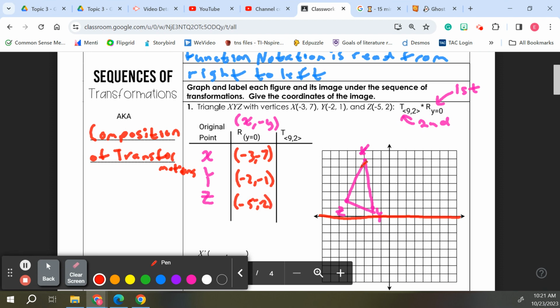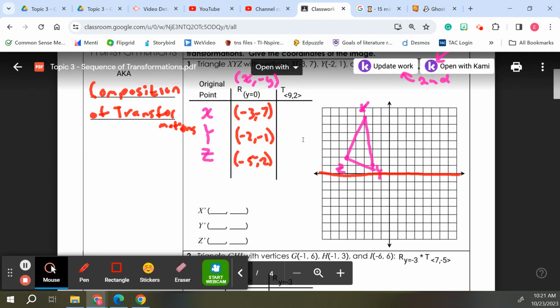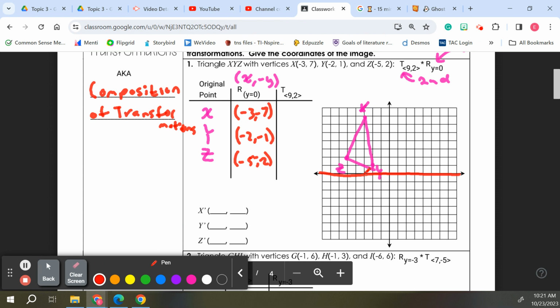And I'm going to plot these points, and this will take care of that first transformation. Now I'm going to label the intermediate with just a little prime. After I do my first, this is my original, this will be my second, and then I'll do 2 primes for my third.